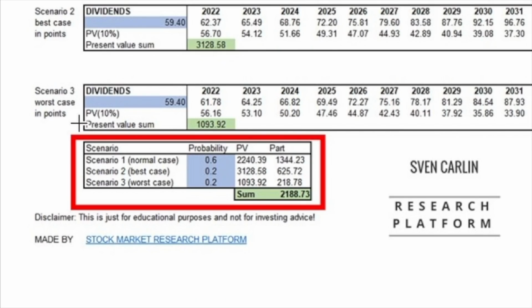Now, something also to discuss is that here I put in a probability to get an indicative intrinsic value or price, but I wouldn't say that it is the right thing to do. This is just for indication.